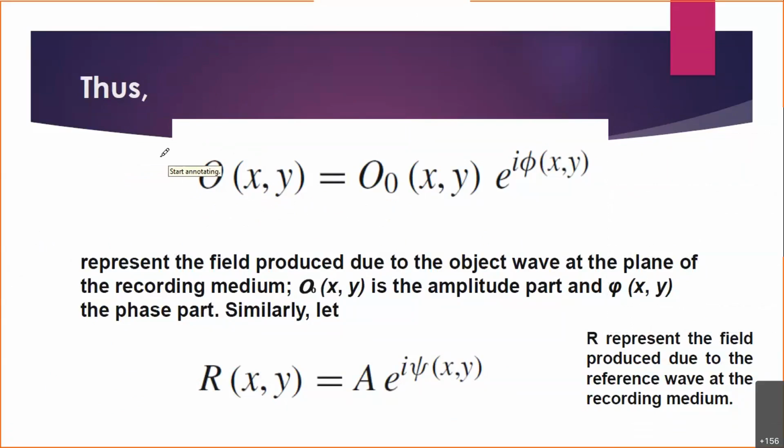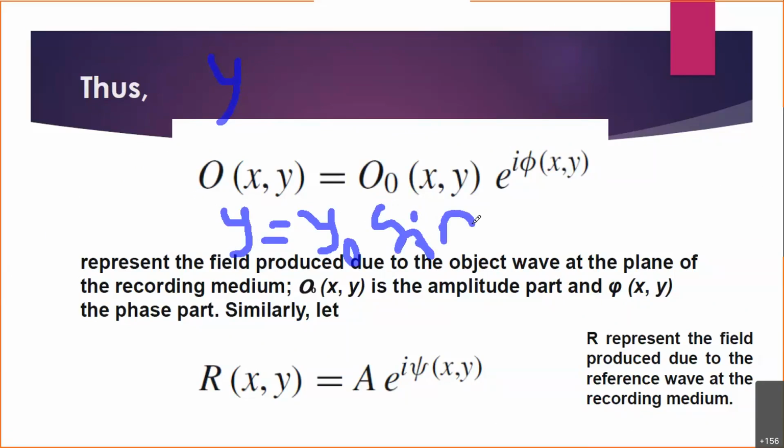Suppose you want to write a displacement, let me write it down over here, it's better. You see how you will write the displacement: y equals y naught sine omega t, or maybe sometimes y equals y naught cos omega t also you are writing, right?